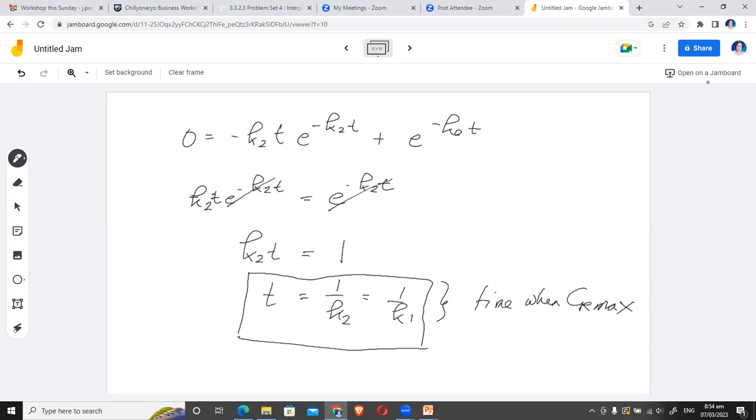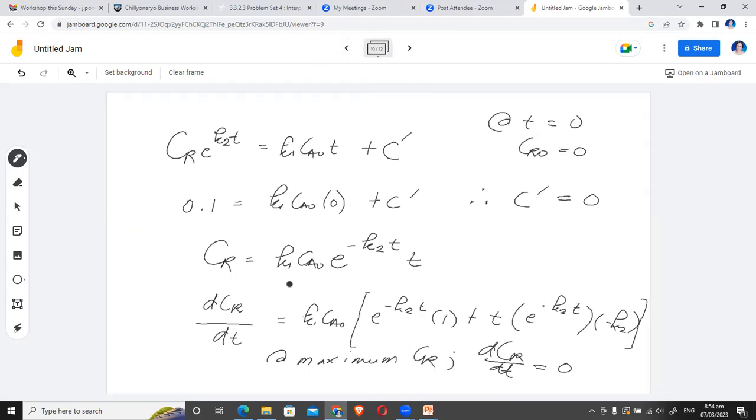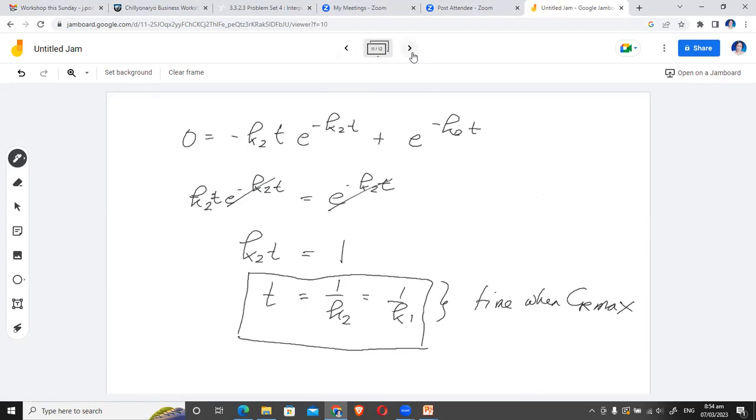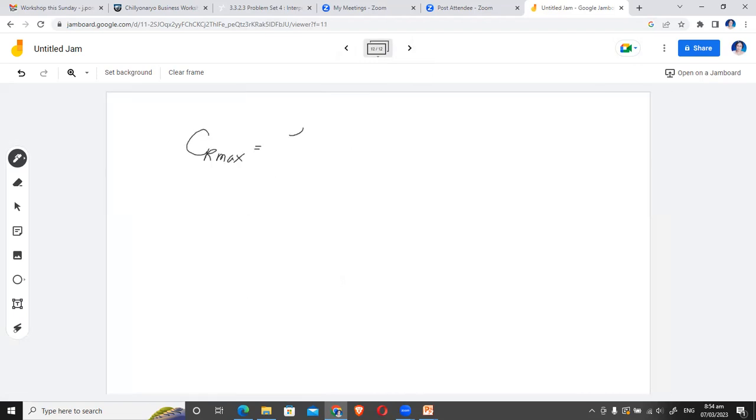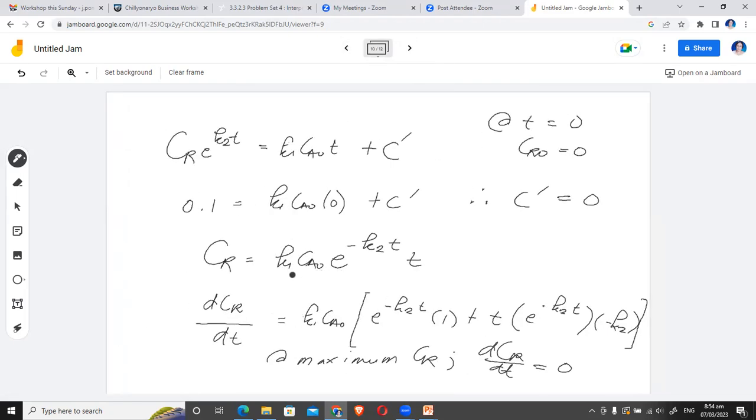As to what would be that concentration, you go back to your formula, this one, this is your formula, and substitute the T for maximum concentration. So you'll have k sub 1 CaO e raised to negative k sub 1, or k sub 2, just the same because they are equal.